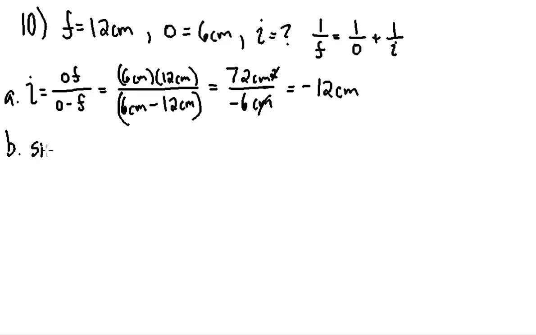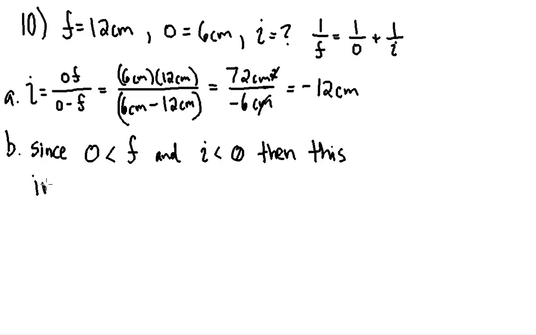Since the object's distance is less than the focal length, and the image distance is less than 0, then this image is, so let's take a look, figure 17.21. I have an object located closer to a concave mirror, a mirror that curves inwards, than the focal length.